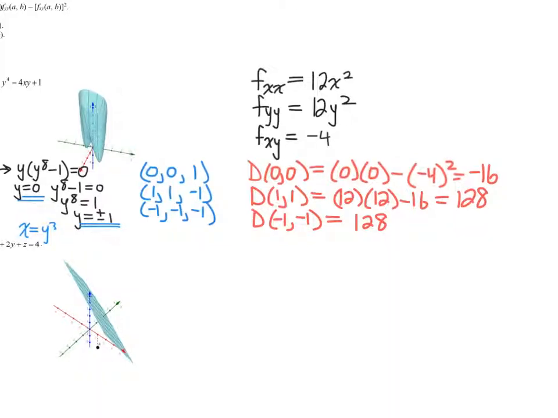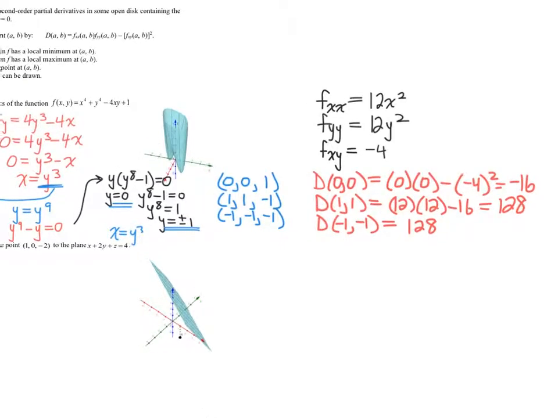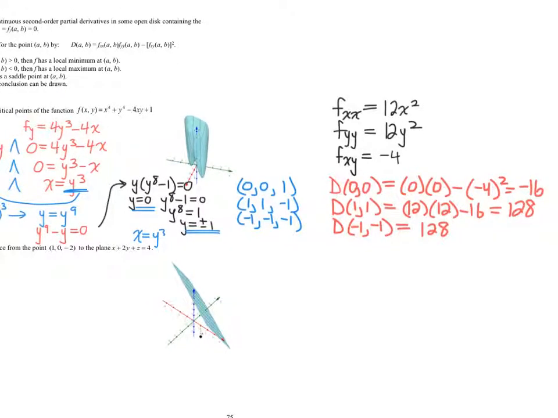All right. So, looking at my conditions, I always go for the saddle point first. All right, saddle point is the easiest one to identify. If your discriminant is negative, then you have a saddle point. All right. So my saddle point is at 0, 0, 1.